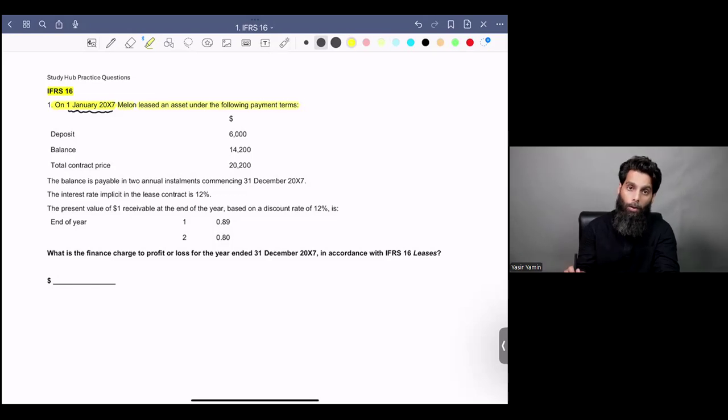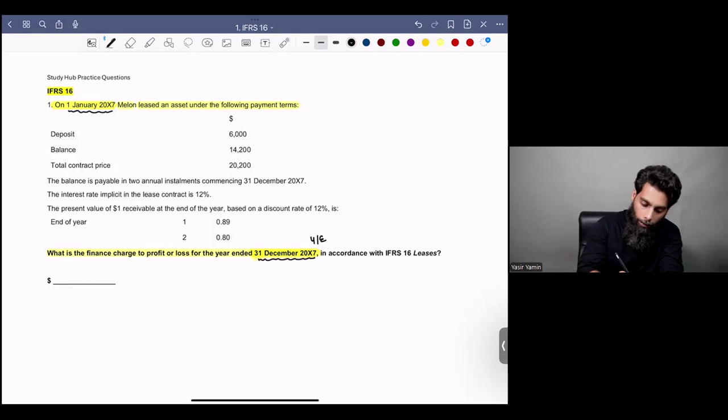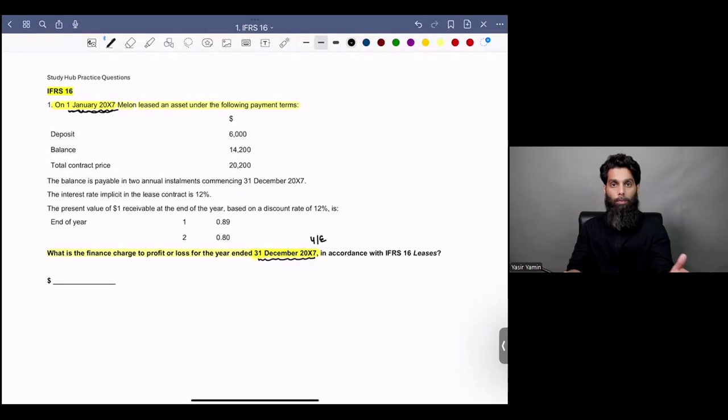I can just go to the requirement and see that the examiner has asked what is the finance charge for P&L for the year ended 31st December 20x7 in accordance with IFRS 16. Now, I see that 31st December 20x7 is the accounting year end, and I took an asset on lease on 1st January X7, which should be the start of the year. So it's a full year lease.